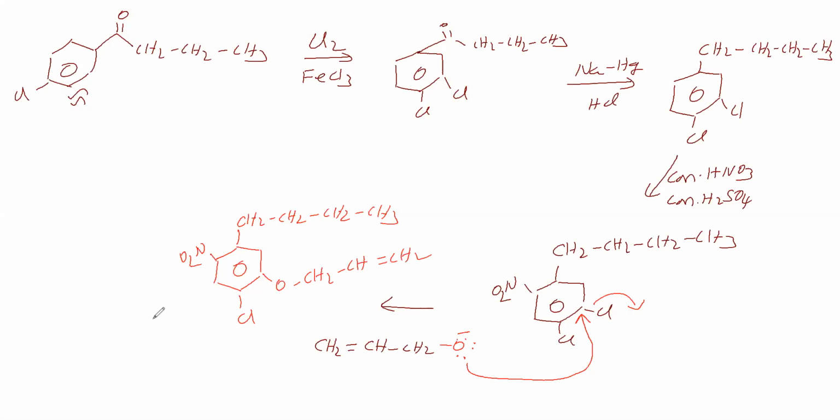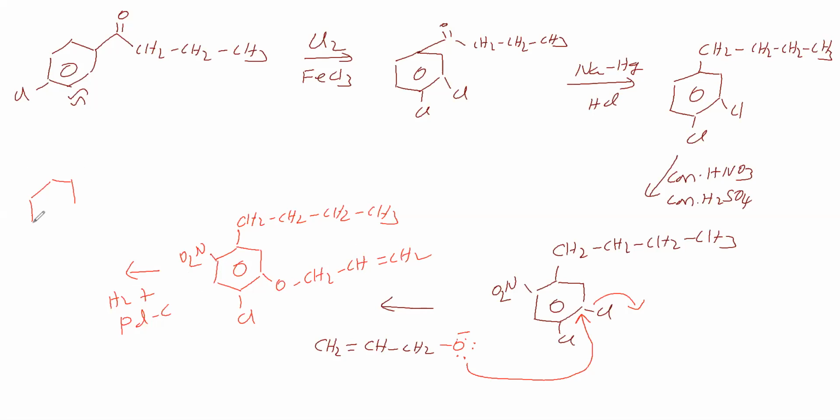Then we will take this for a reagent, hydrogen, palladium, carbon. We will allow this one to react. This is a reducing agent. This reducing agent will convert this double bond into a single bond.